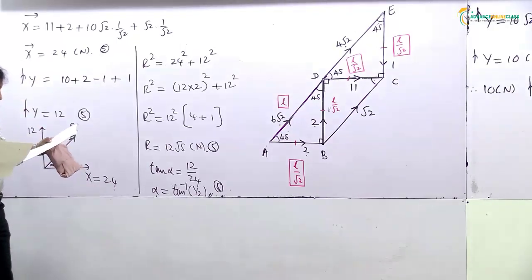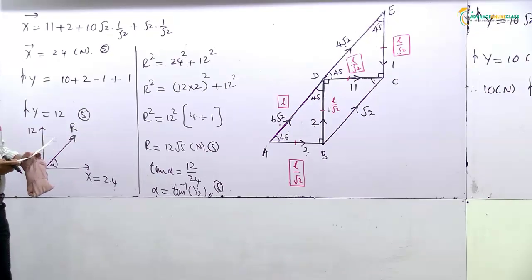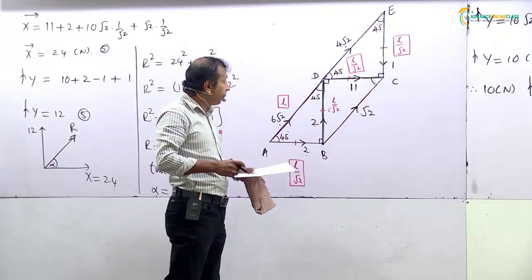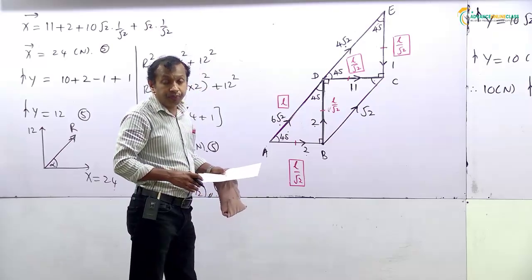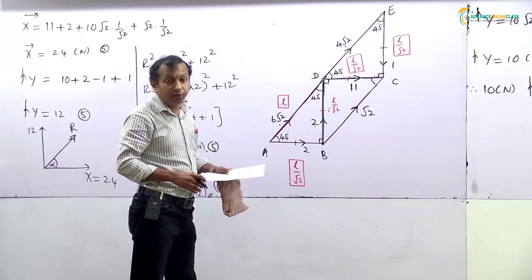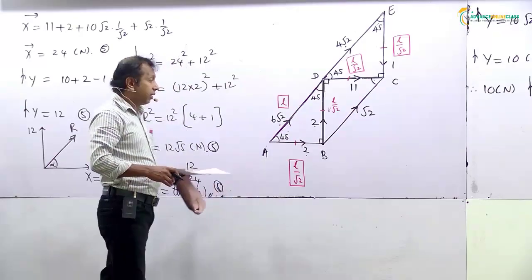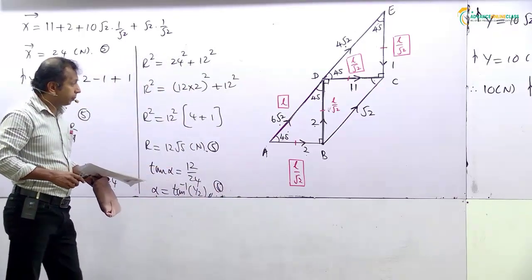Okay. Now, magnitude and the line of action of the new resultant force. Line of action mean we must find, right? We must find the point where the line of action of resultant cuts in the diagram, right? Okay.